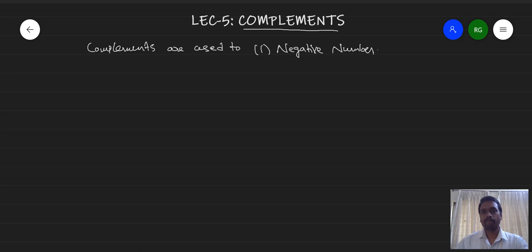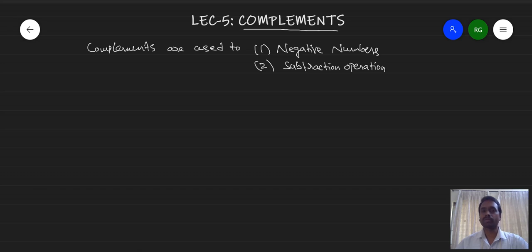Second, they are used in the subtraction operation. So there are two important uses of complements. The first one is to represent negative numbers. The second is the subtraction operation. It simplifies the subtraction operation.